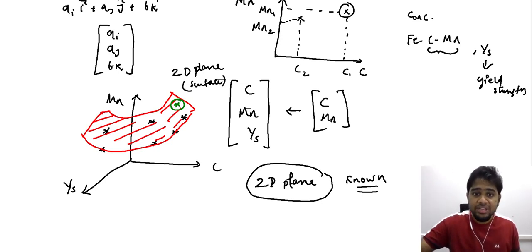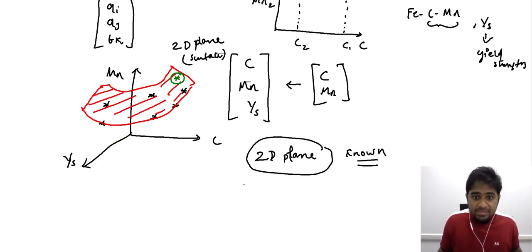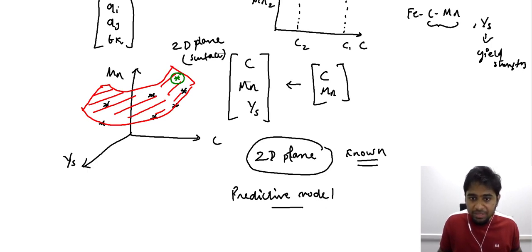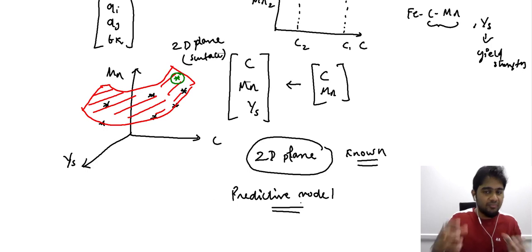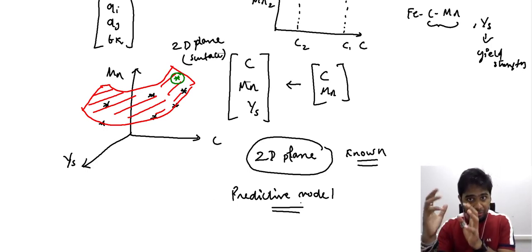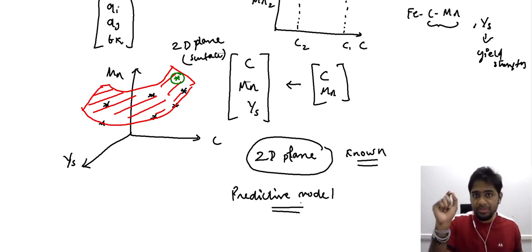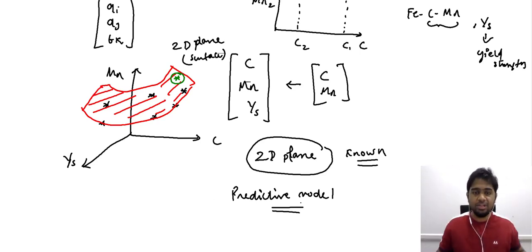So what it means is that this approach helps us build a predictive model. And this predictive model is possible because we have appropriately handled our concentration in such a way that it becomes possible for us to represent the concentration in the corresponding space.